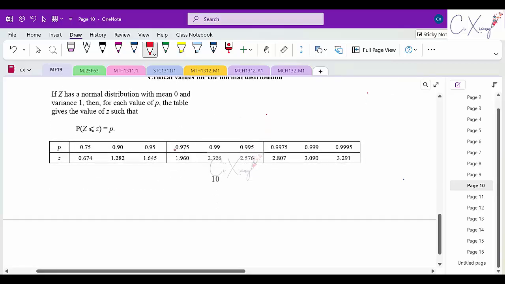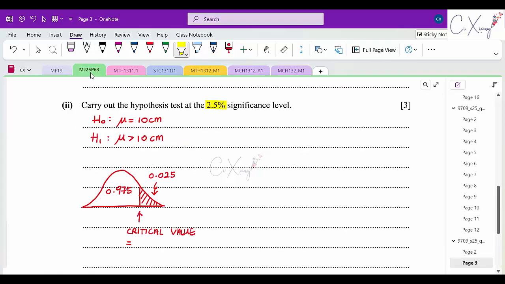Looking for the area 0.975, what is the value of Z they give us? They give us 1.96, which means the critical value is equal to 1.96. And just now, we have been given the value of the test statistic, so you don't need to calculate it anymore. The value of the test statistic is equal to 1.995.